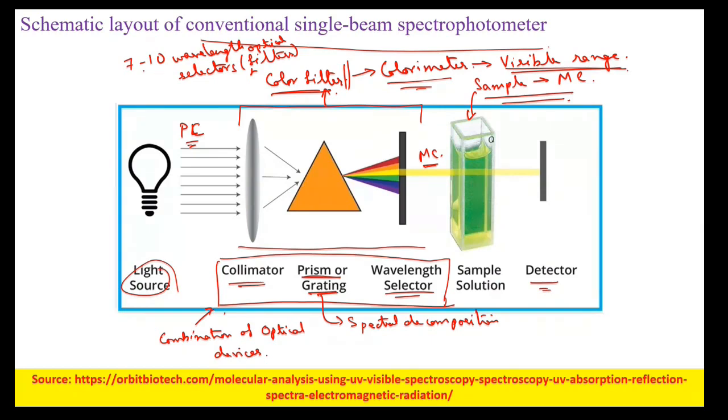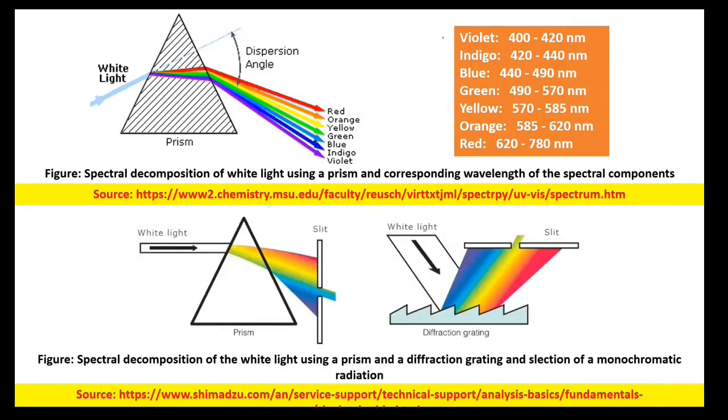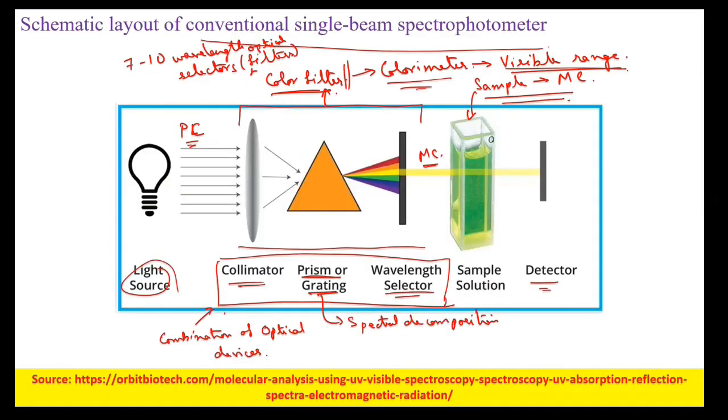If you remember correctly, in our last class, we talked about the wavelength range. So if we devise a filter for each of these, then we fit it in a machine so that as we move around the filter holder, at the first instance, a violet filter will be in the path between the light source and the sample.